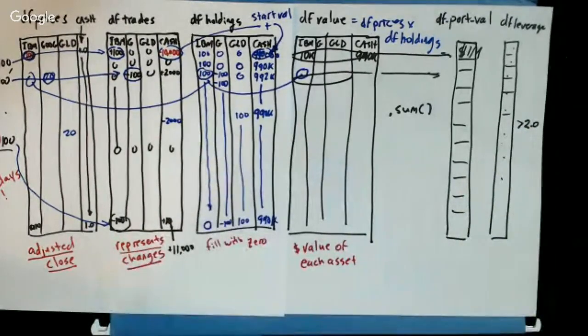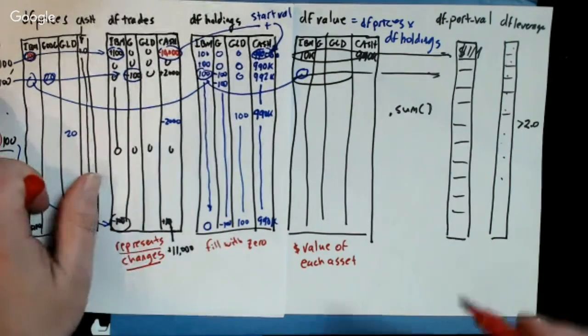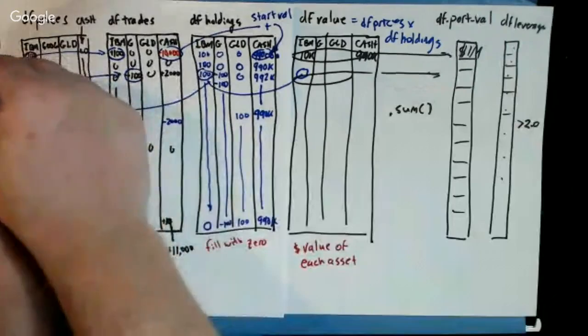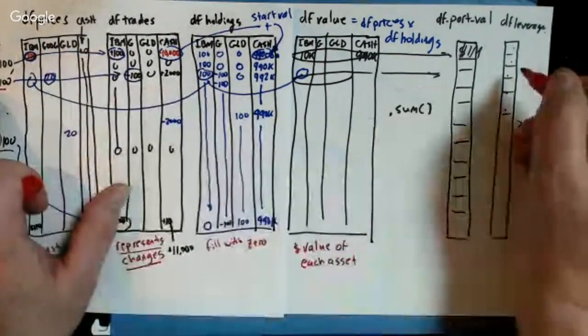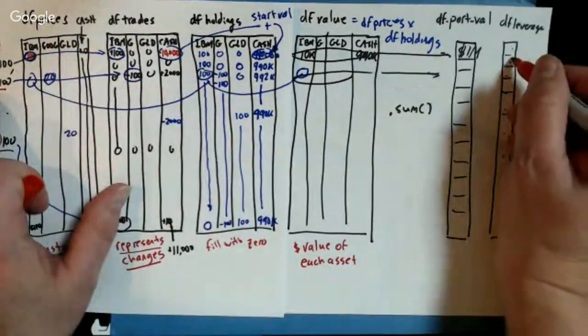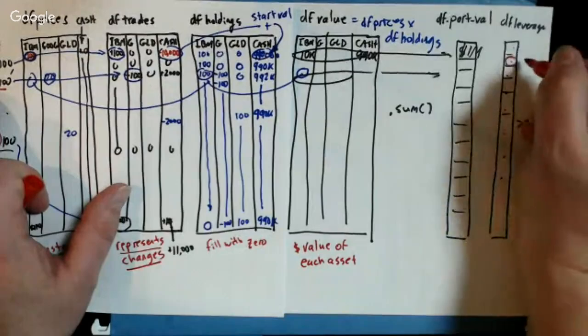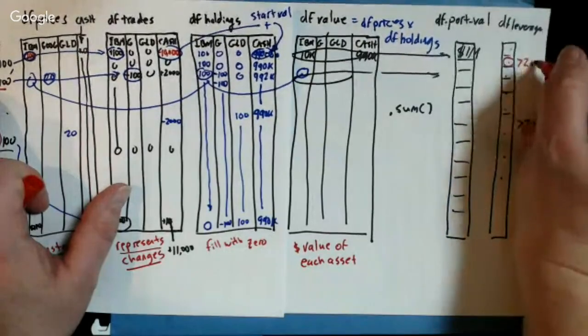And if it does exceed 2.0, let's say just for argument's sake that it exceeded 2.0 on the row that corresponds with this transaction. So that's the second row. So let's say it exceeds 2.0 on this date.